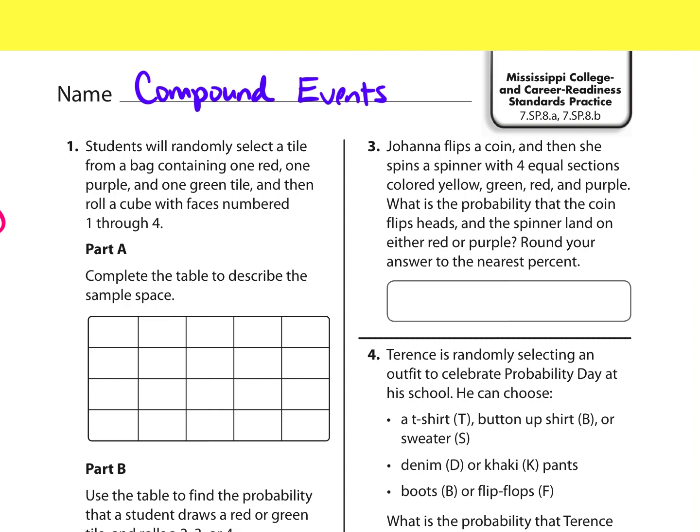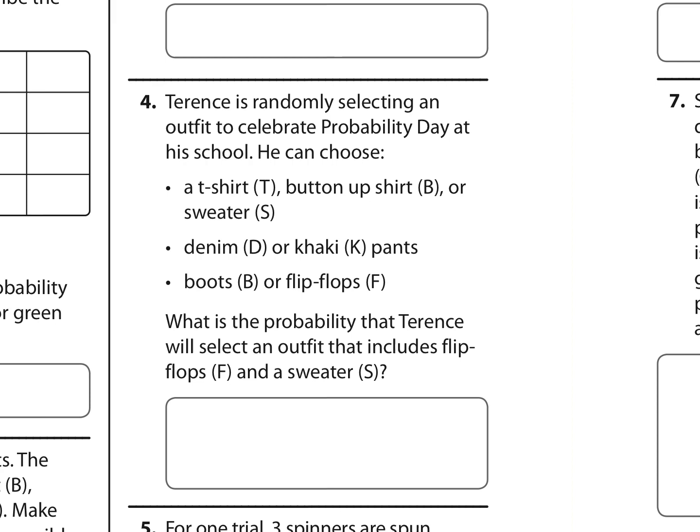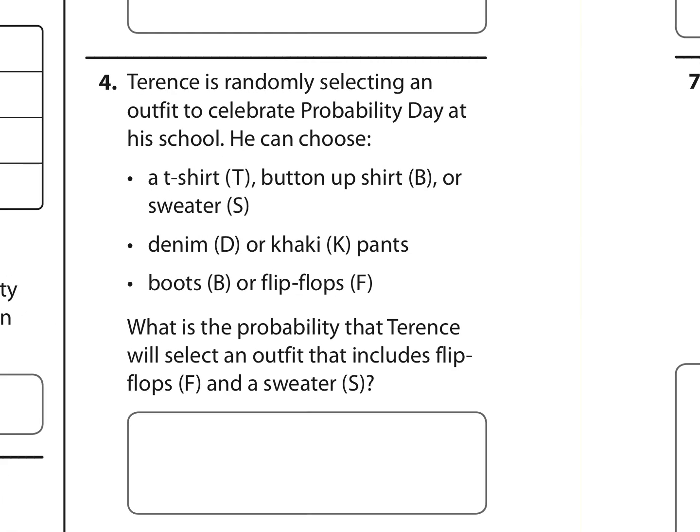Standard SP8 is about compound events. We're going to look at number 4. Terrence is randomly selecting an outfit to celebrate Probability Day at his school. He can choose a t-shirt, button-up shirt, or sweater, denim or khaki pants, boots or flip-flops. What's the probability that Terrence will select an outfit that includes flip-flops and a sweater?